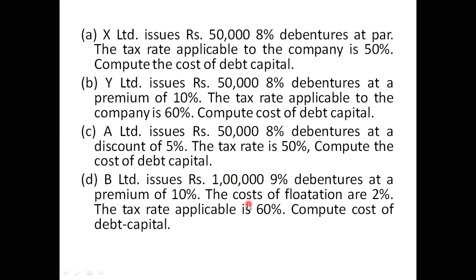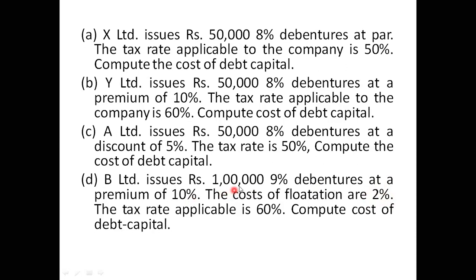There is one more element here, the cost of flotation. Flotation cost is basically the disbursement cost of the debenture, the cost associated with the disbursement, and it will have an impact on the total sales value. This 2% the company has to pay.